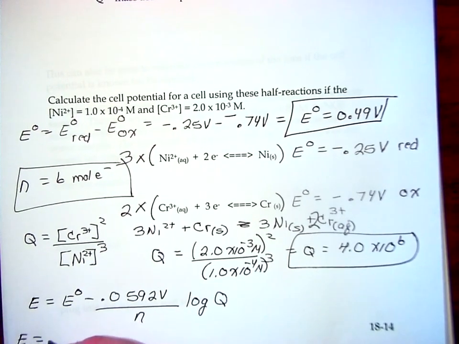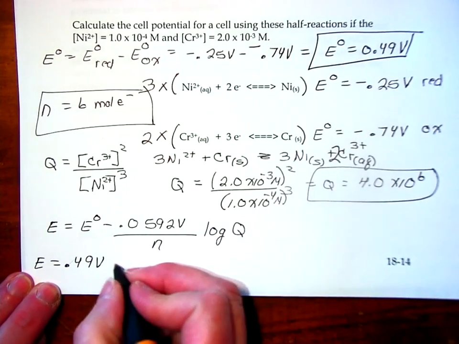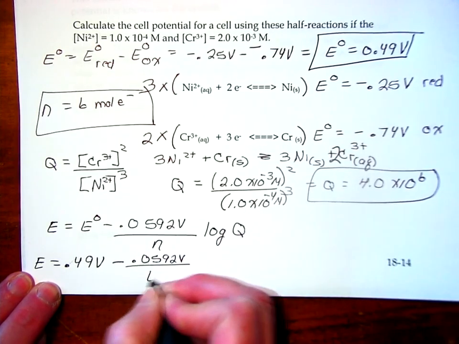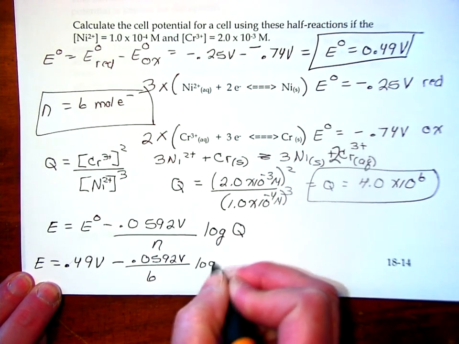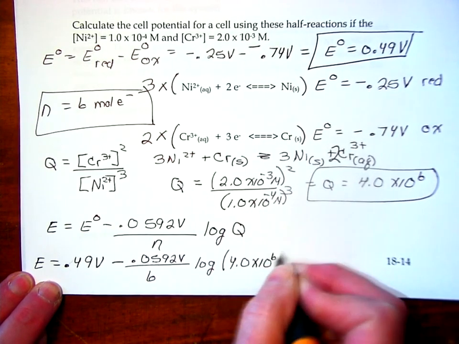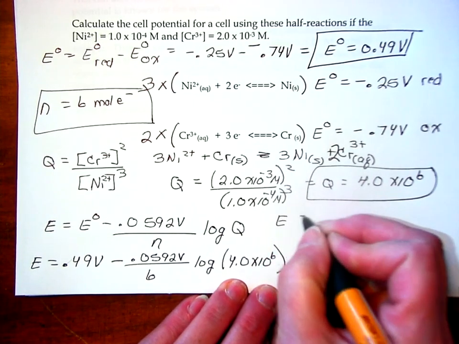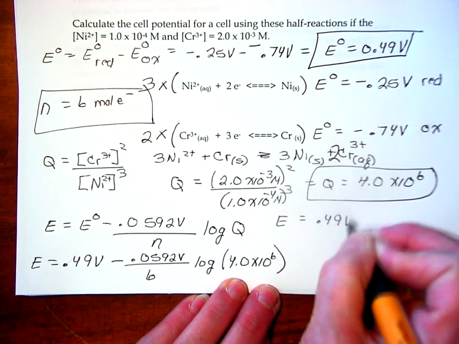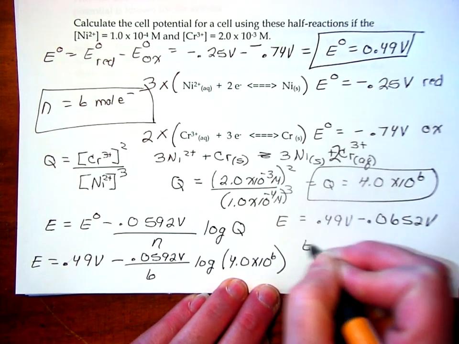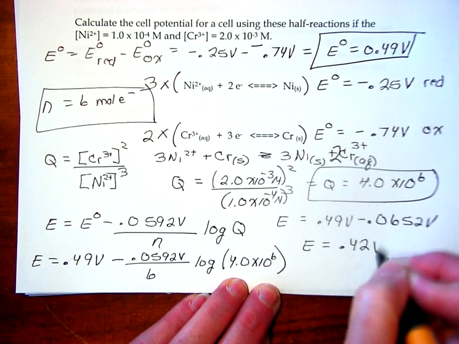E is equal to E0, 0.49 volts, minus 0.0592 volts divided by 6 moles of electrons, times the log of 4.0 times 10 to the sixth. So E is equal to 0.49 volts minus 0.0652 volts. So my cell potential under these non-standard conditions is 0.42 volts.